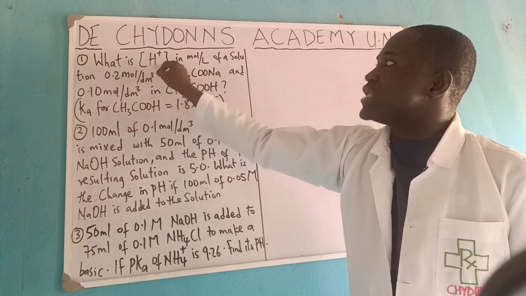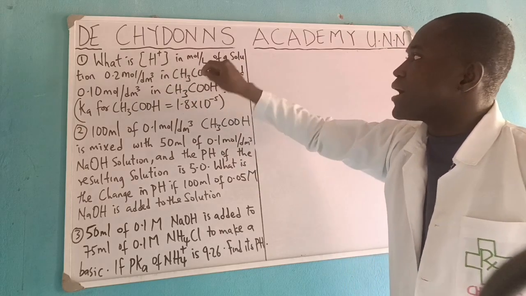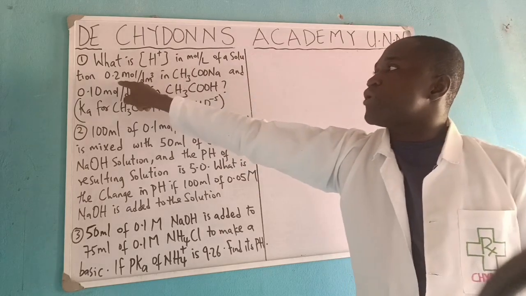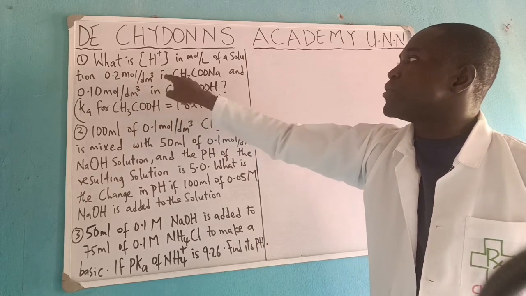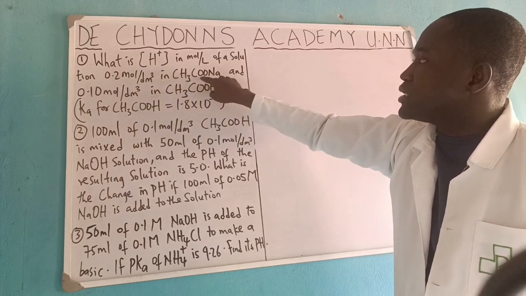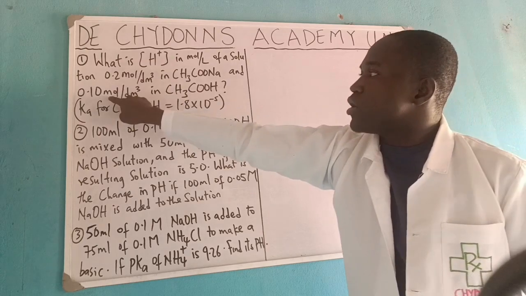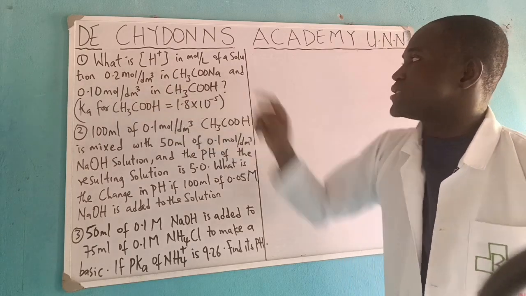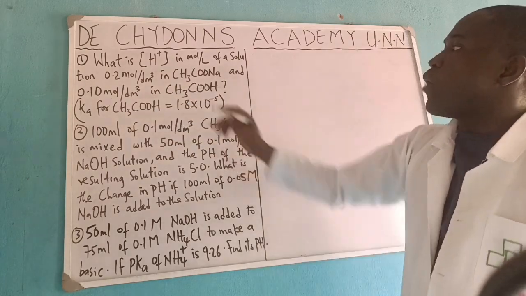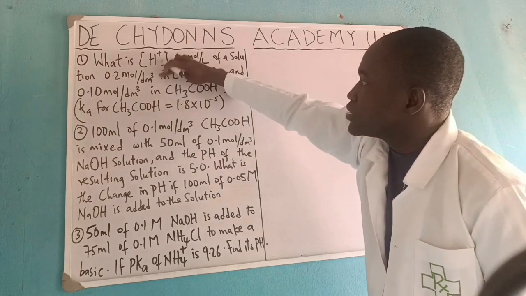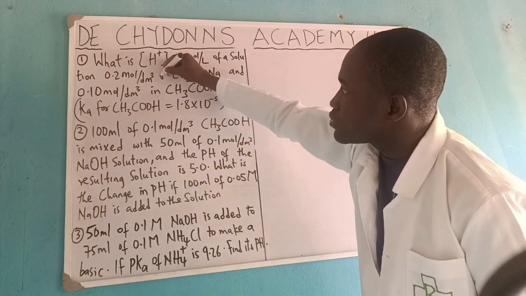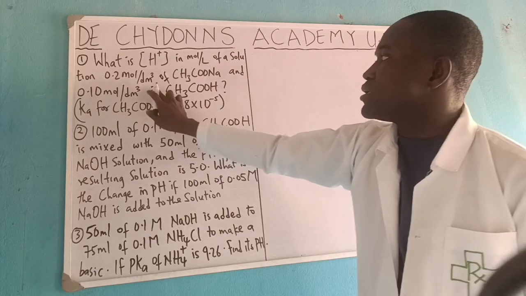What is the hydrogen ion concentration in mole per liter of a solution 0.2 mole per dm cube in this and 0.1 mole in this? So what they mean by in this, mean 0.2 of what? And this of what?